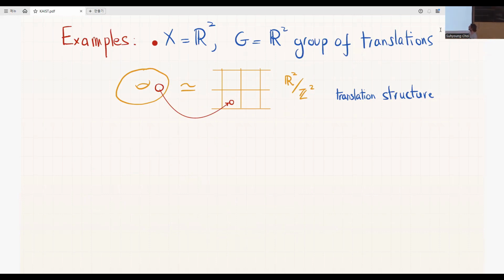An example is given as follows. You can just think of Z² as acting on the plane, and the quotient of R² by Z² is, of course, a torus. So if your surface is of genus 1, you can specify a homeomorphism between the two, and you get charts into the plane with transitions that are translations.